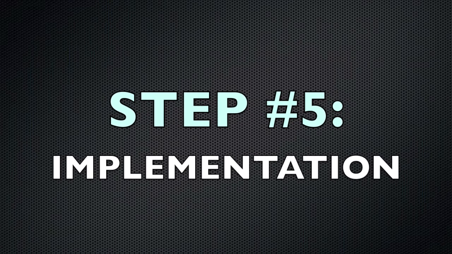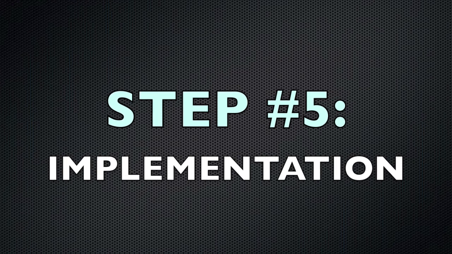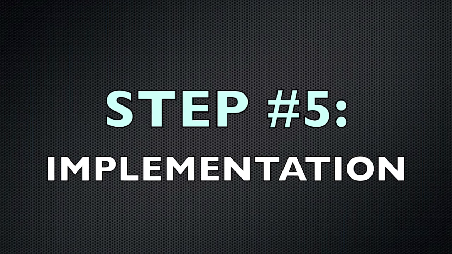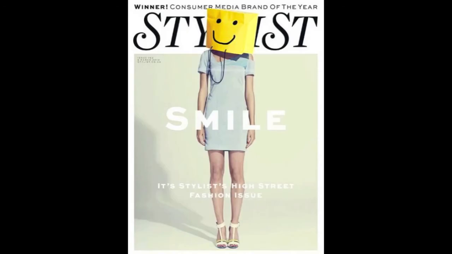Step number 5 is when you implement your design and eventually it becomes finalized. Now is when craftsmanship or the neatness of your final project becomes essential. Your work at this stage should be neat, clean, accurate, and functional if possible.